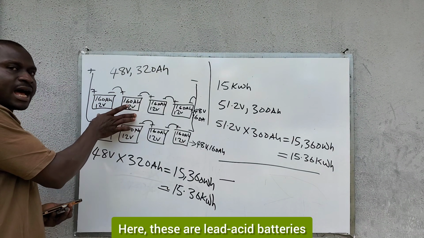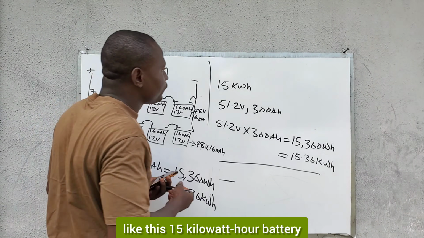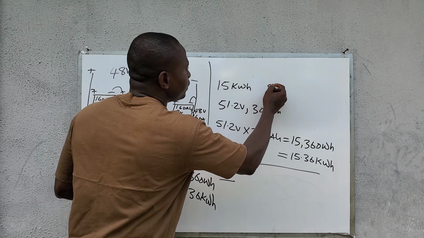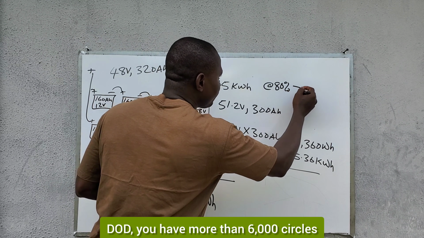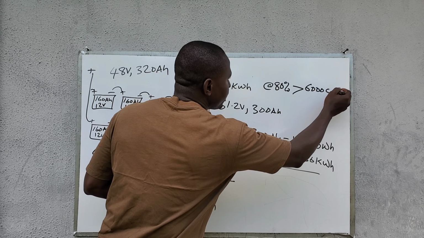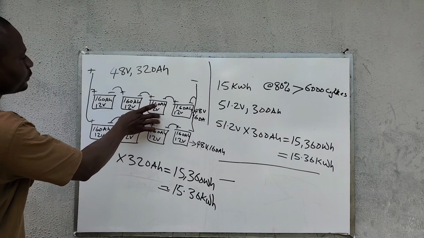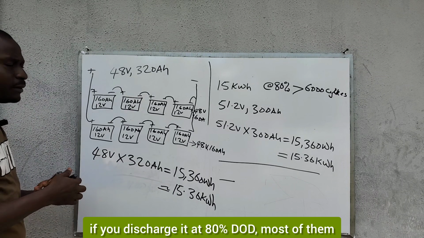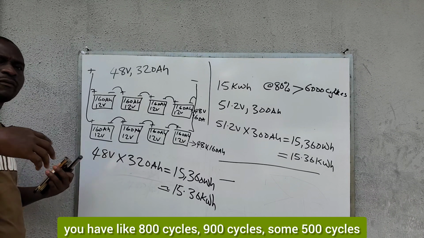These are lead acid batteries, and if you discharge this 15 kilowatt hour lithium battery at 80% DOD, you have more than 6,000 cycles. But for the lead acid, if you discharge it at 80% DOD, most of them have like 800 cycles, 900 cycles, some 500 cycles.